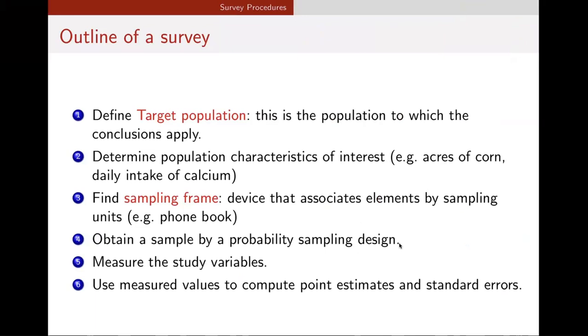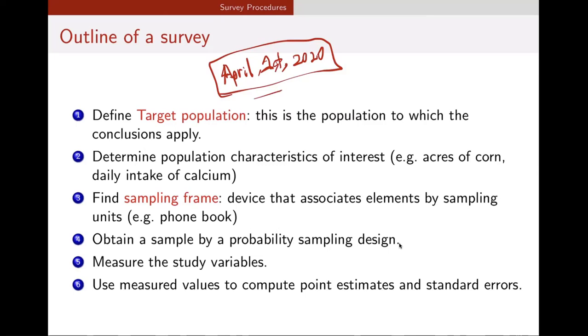The finite population is a conceptual thing, but the target population should be confined in time, for example a census of whoever lives in the United States on April 1st, 2020. It should be confined in time, and also in geography, right?